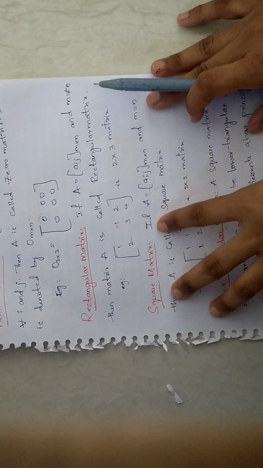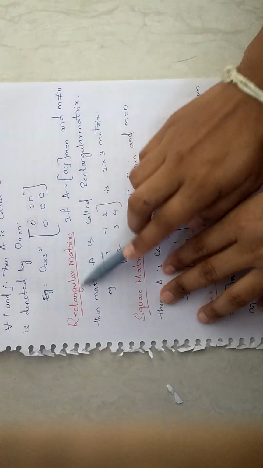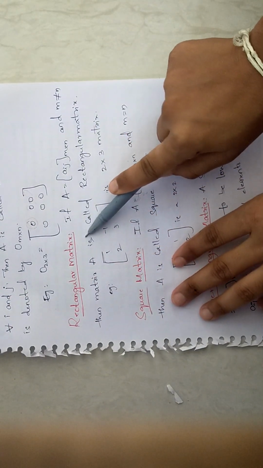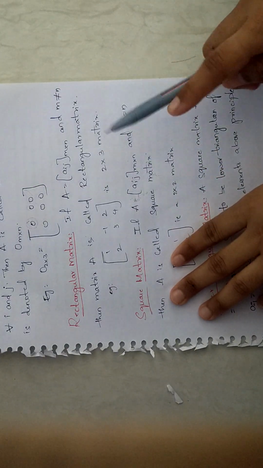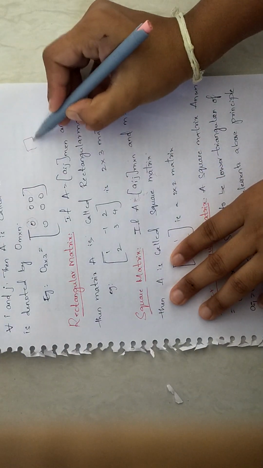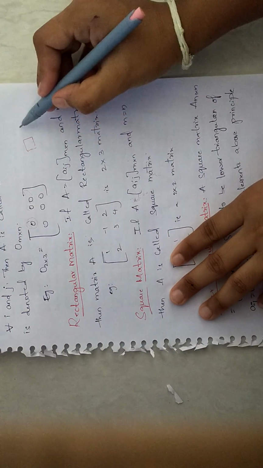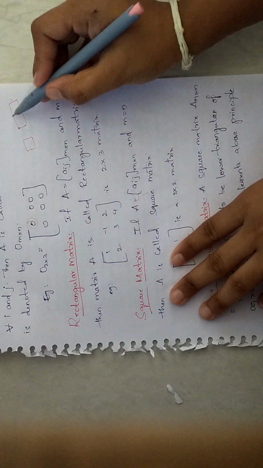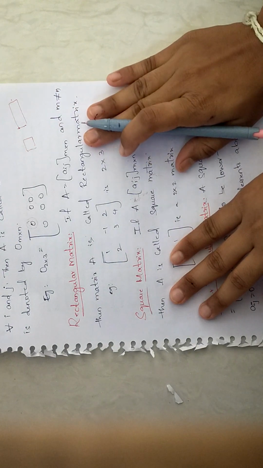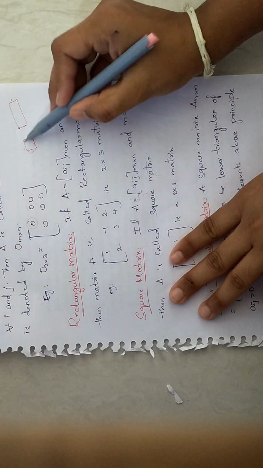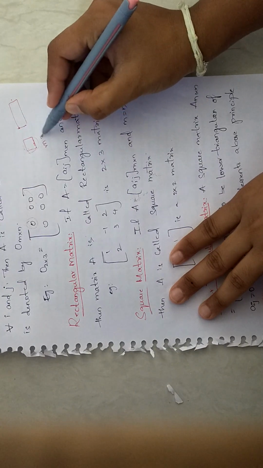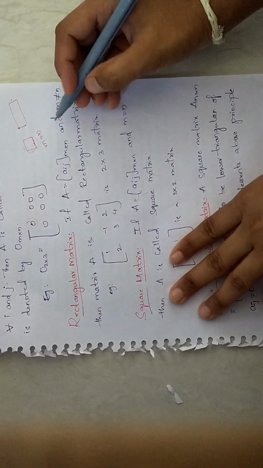Now rectangular matrix. Rectangular means the rows and the columns should not be the same. See, in a square all sides will be the same. In a rectangle only two sides will be the same, any two sides. In a square matrix rows will be the same as columns.